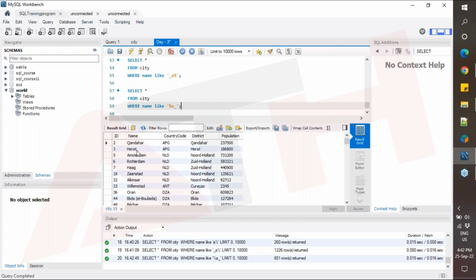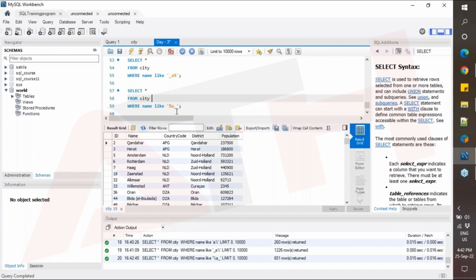Your last letter is anything since I provided this underscore at the last place. But your second last letter is A only. You can see here in the output in the name column. You can verify. Why? Because I put the condition this time for my second last letter instead of the last letter.